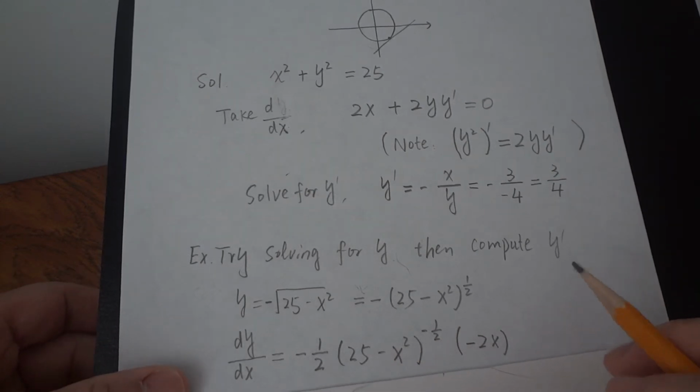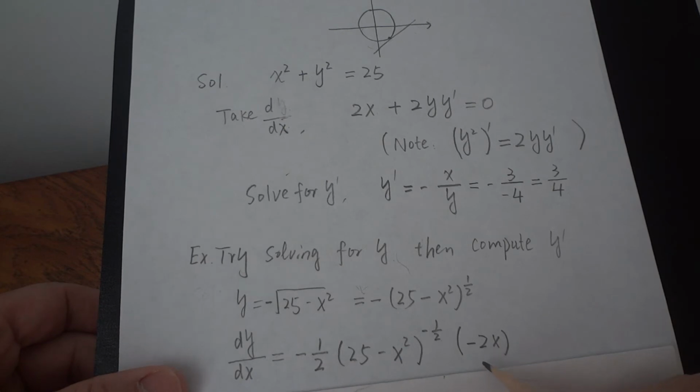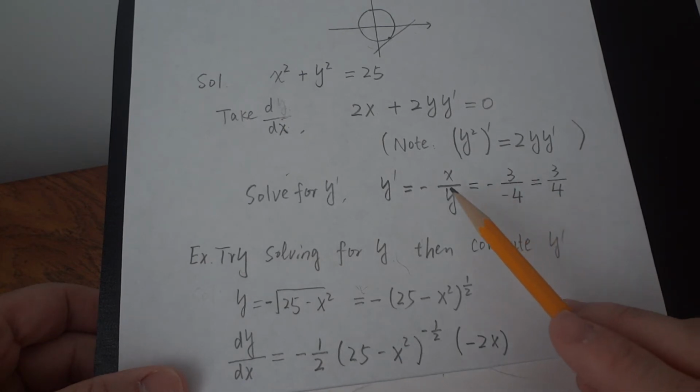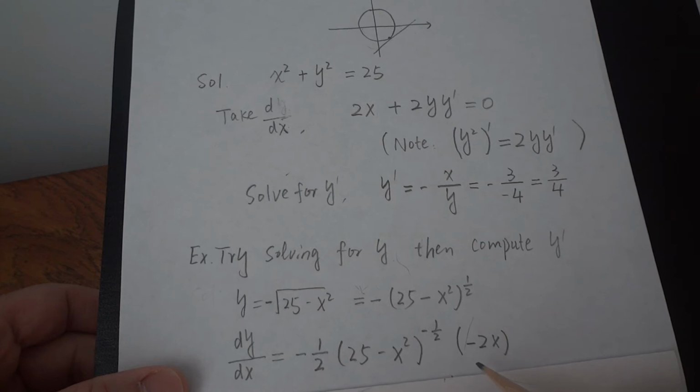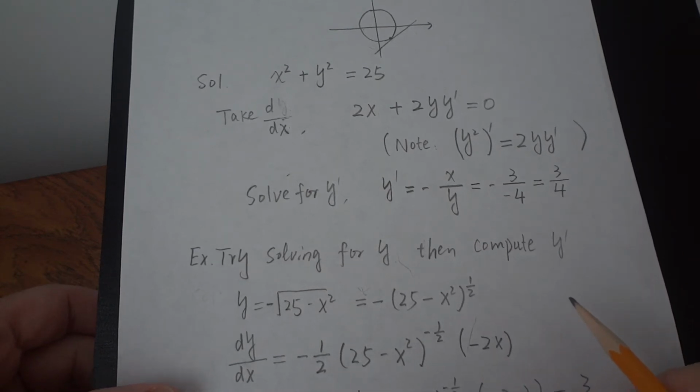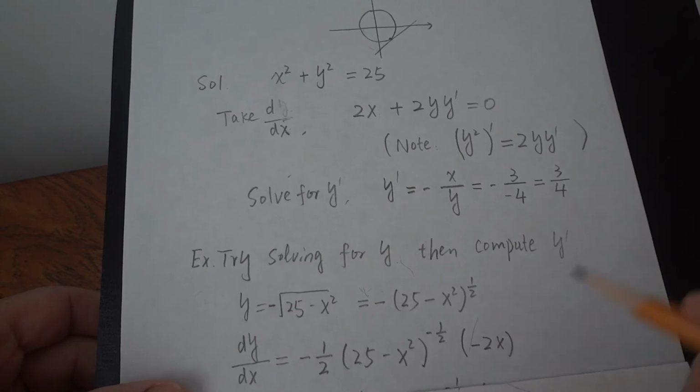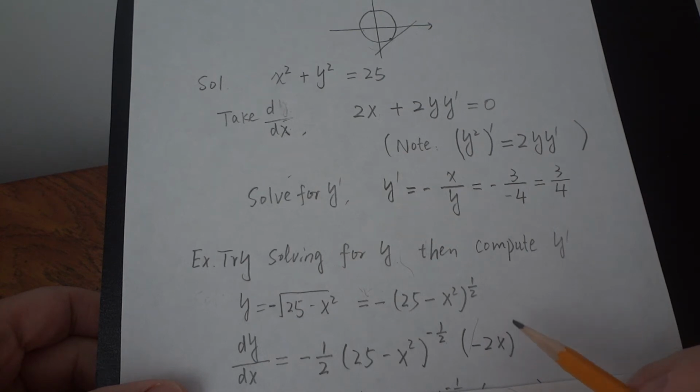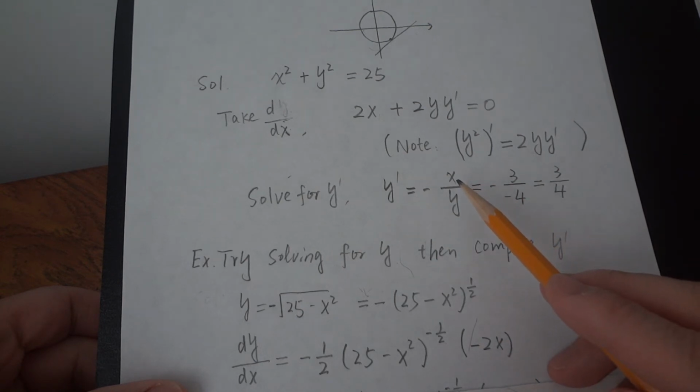Now, this looks not quite the same as the previous answer that we got, which is minus x over y. Can you visualize that they are actually the same? They are. I'll leave it to you to think about this. Once you cancel out the x, the 2, then you start to see x on the top. That x is the same as that x here.